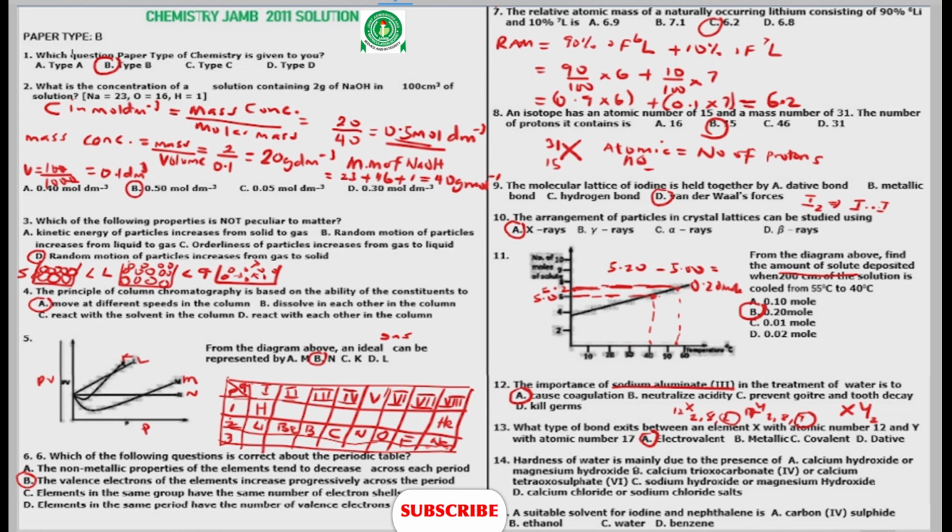The hardness of water is mainly due to the presence of calcium hydroxide or magnesium hydroxide, calcium carbonate or calcium sulfate, sodium hydroxide or magnesium hydroxide, calcium chloride, or sodium sulfate. Now, the hardness of water is mainly caused by calcium carbonate or calcium sulfate.